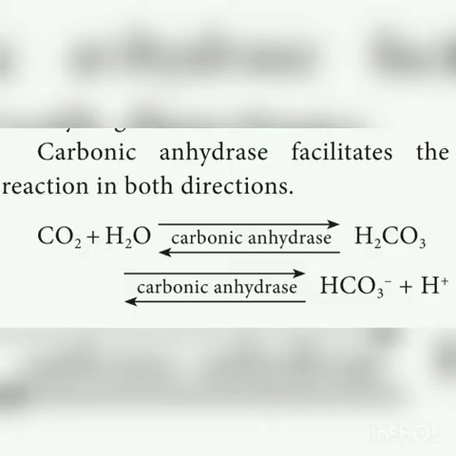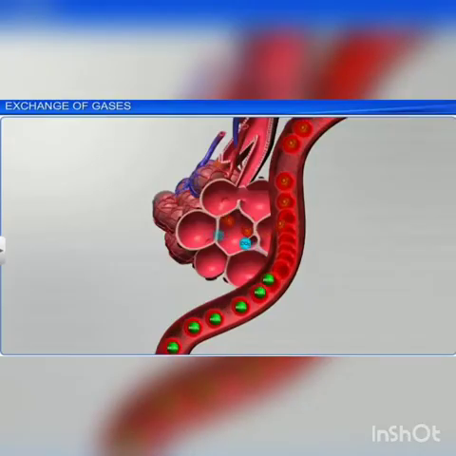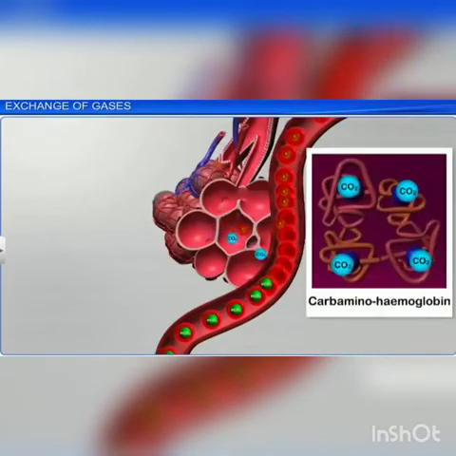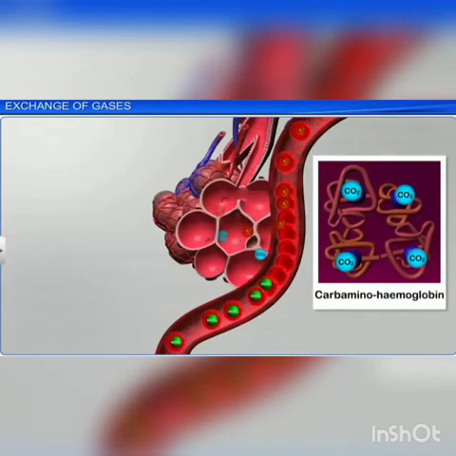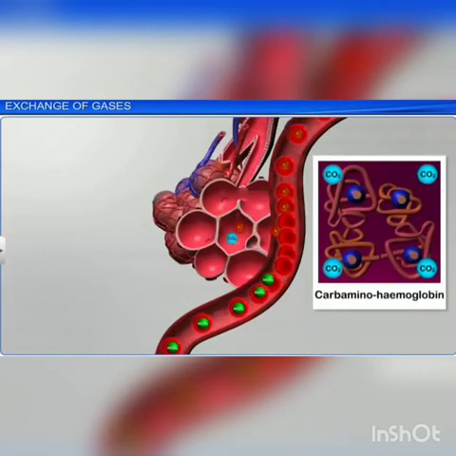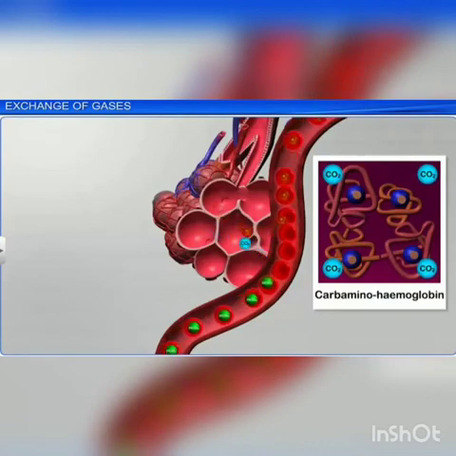So you can see in this equation, carbon dioxide plus water, with the help of carbonic anhydrase, forms carbonic acid. When it splits, it forms HCO3 minus and H plus. The HCO3 minus moves quickly from the RBCs into the plasma, where it is carried to the lungs. At the alveolar site, where the partial pressure of carbon dioxide is low, the reaction is reversed, leading to the formation of carbon dioxide and water.